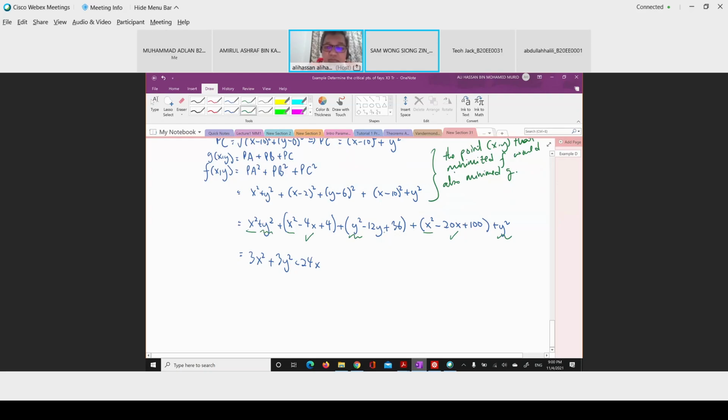Minus 12y only. So this is minus 24x minus 12y. What about the constants? The constant is 140.